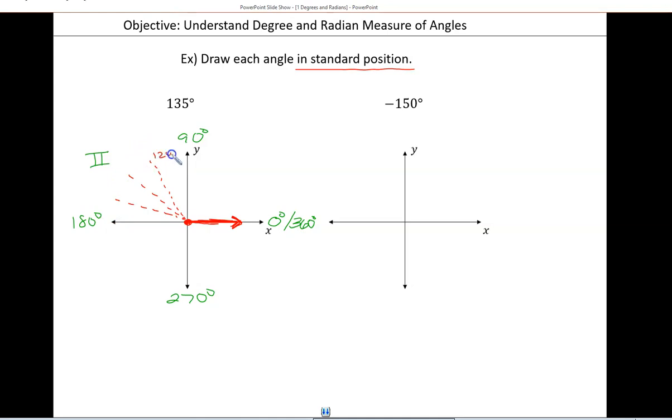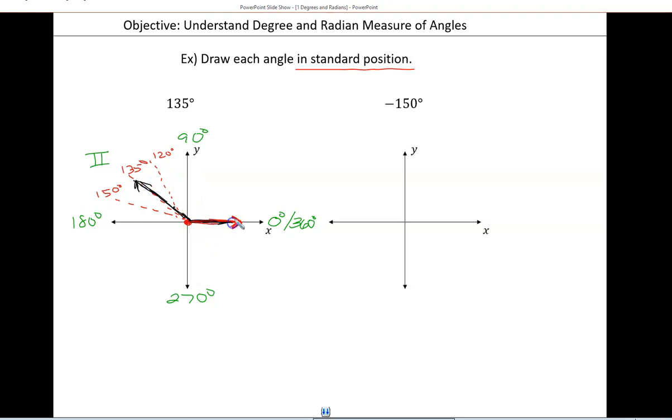This would be 120. 120 plus 30 is 150, and 150 plus 30 is 180. And then this middle one would be half, so it's 90 plus 45, which actually is 135. And so what we gather from looking at how we divide this quadrant for the unit circle is that our terminal side will be right in the middle.